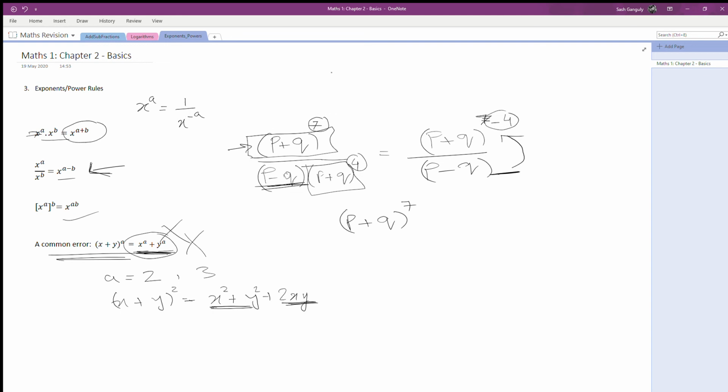So now we use this same rule over here. We have p plus q to the power 7, which is the numerator. The denominator is p minus q. And now if I want to move this p plus q to the power 4 from the denominator to the numerator, this 4 will become minus 4.